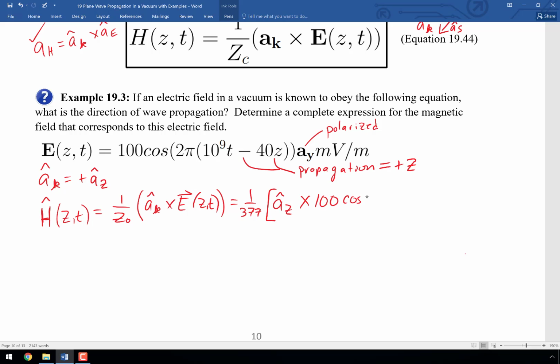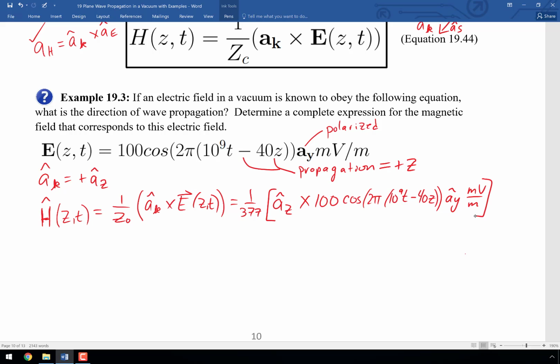Just for simplicity, I'm going to leave it in the cosine form. I can leave the 2 pi separated out for now. This is 10 to the 9th t minus 40z, and that was in the A sub y direction, and it was millivolts per meter.